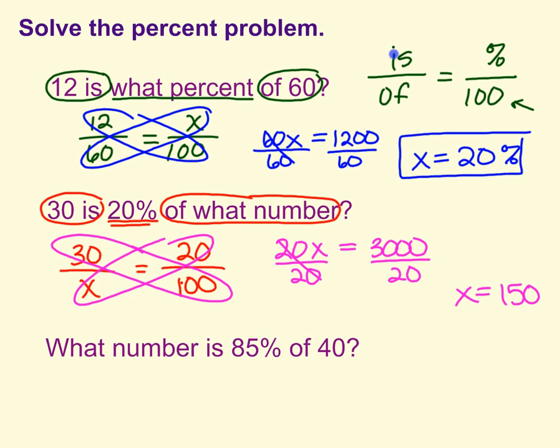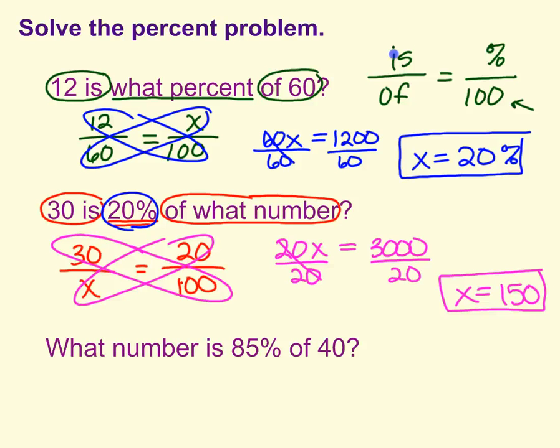Does x need a label? The only ones that need the label on these are percentages, and they gave us 20%, so we know they're asking of what number, so this does not get a percent. Just a heads up, each of these problems have only one percentage, so if they give you the percent in the problem, then you won't have a percent as your label. If they don't give you the percent, then that's going to be the thing you're looking for.